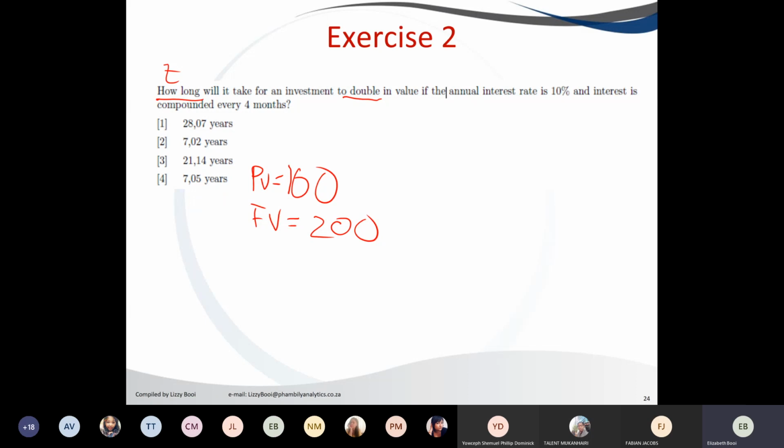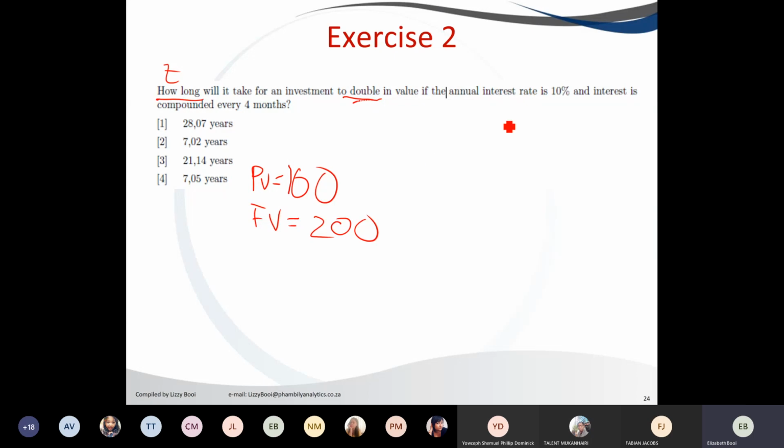Whether I use 500 and it doubles to 1,000, or 3 doubles to 6, it will still mean the same thing. So anybody can choose their own present value. If you choose 300 as your present value, what is the double of your 300? That will be your future value. So choose the single and then double that.